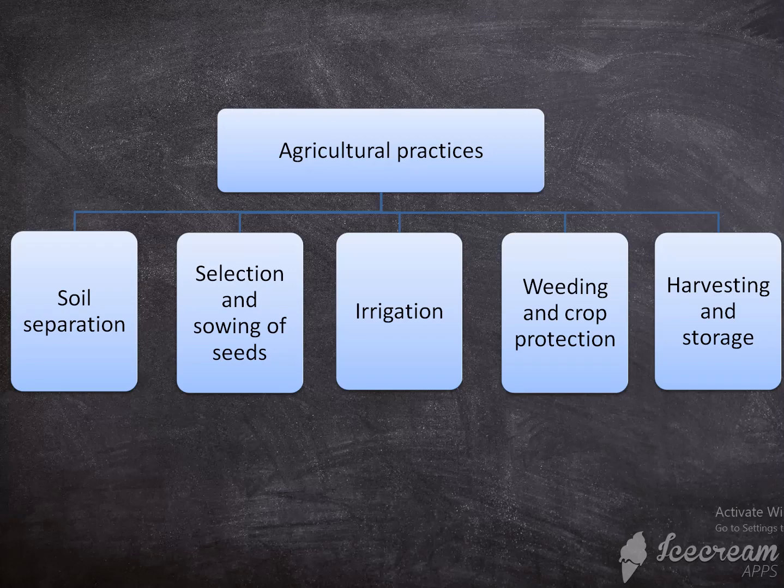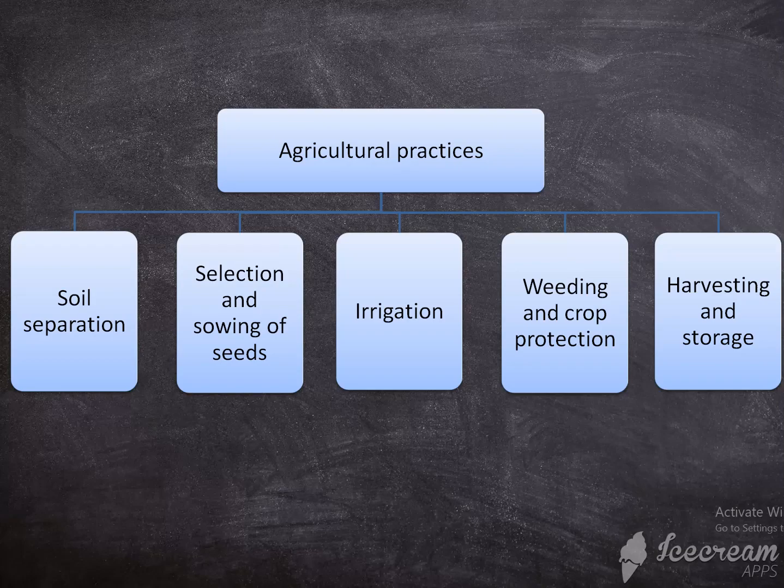Second one is selection and sowing of seeds. Third one is irrigation. Fourth is weeding and crop protection. The last one is harvesting and storage. In these agricultural practices, we have completed up to the third one, up to irrigation.